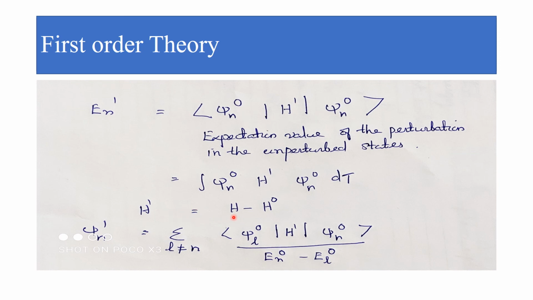And the value of En is equal to En^0 plus En^1 when the value of lambda is equal to 1. And the value of psi n^1 is equal to the sum over l not equal to n of <psi l^0|H1|psi n^0> divided by (En^0 minus El^0).